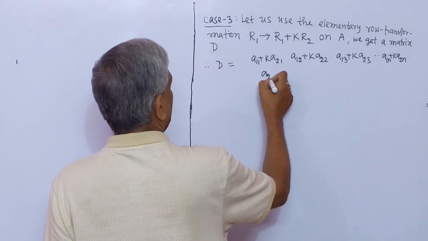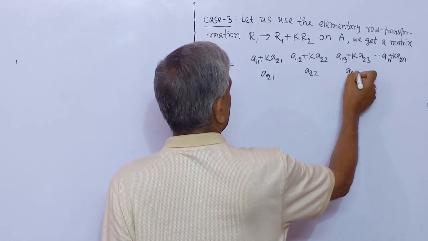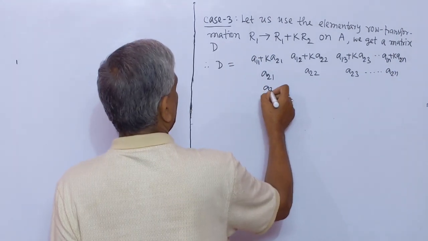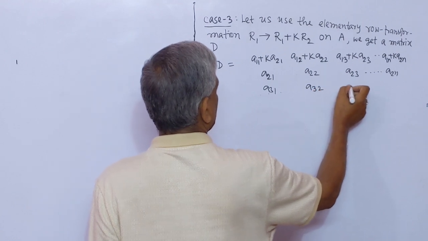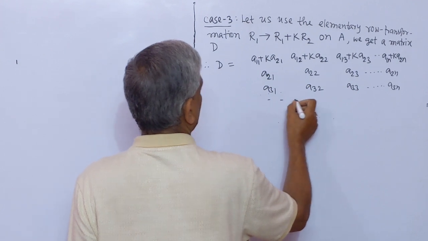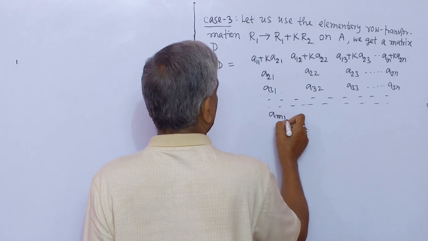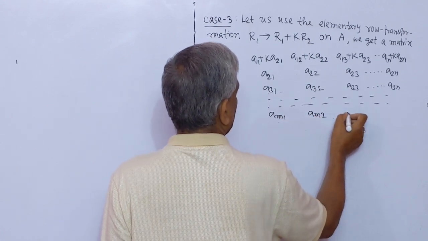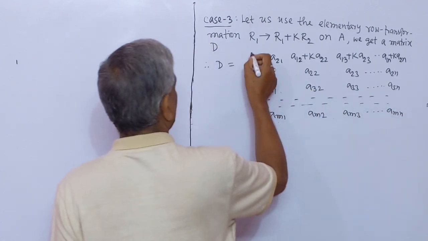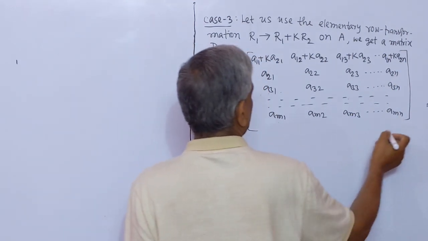Here A21, A22, A23, dot A2n, A31, A32, A33, dot A3n, dot, Am1, Am2, Am3, dot Amn. This is number 4.